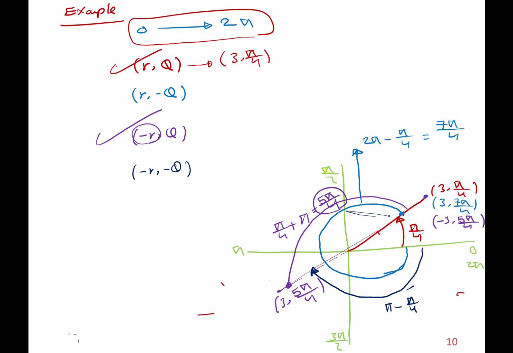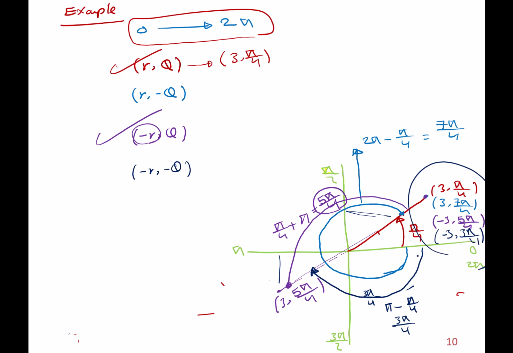This is pi over 4, and also this angle is pi over 4. Pi minus pi over 4, 4 pi minus pi, equals 3 pi over 4. This angle is 3 pi over 4, but r here is positive 3, and we'll go to the opposite direction, and this will be minus 3 and 3 pi over 4.